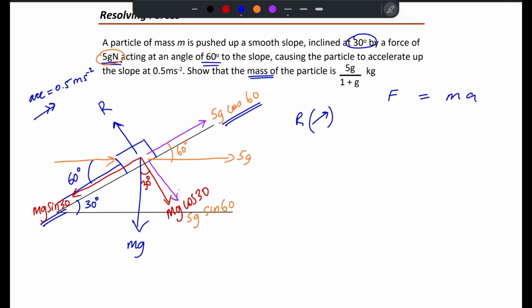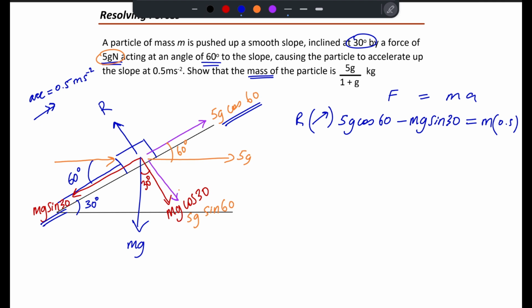Now remember, along the slope we're going to have 5g cos 60 minus mg sine 30. So that force is equal to mass. Now we don't know what mass is, so we're just going to call it m, times acceleration. Acceleration is given to us as 0.5 meters per second squared, so we're just going to call that 0.5. And then we can tidy this up.